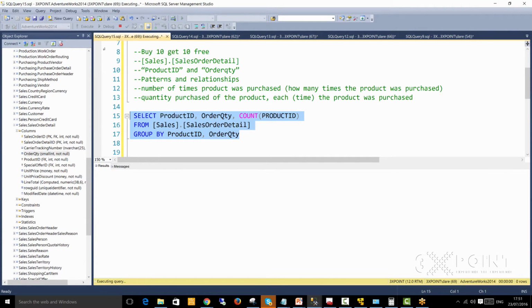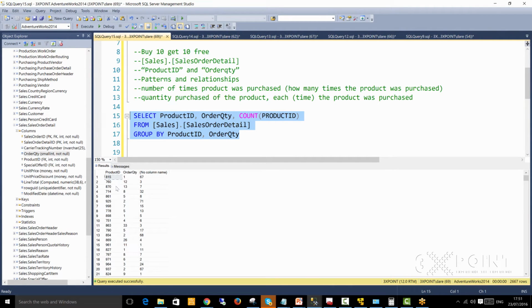So if I execute, then what we're now saying is, okay, I have gone ahead to count how many times product ID of 815 was purchased with the order quantity of 1.